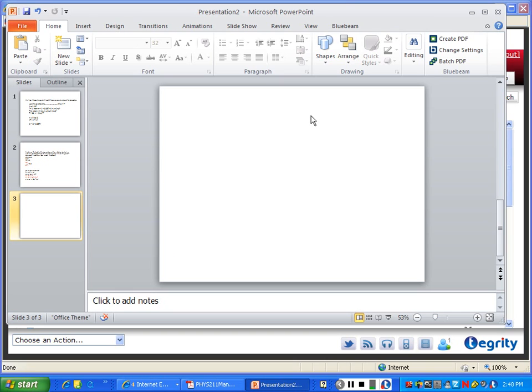So if V0 is 25, then V at the high point is 0, because if it still had velocity it would still be rising. So we know what our two v's are in that problem. We know our acceleration is negative 9.8, and we're finding in this case the time and the distance, the value of x.